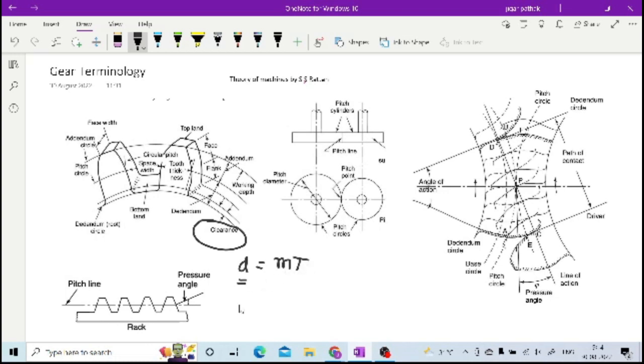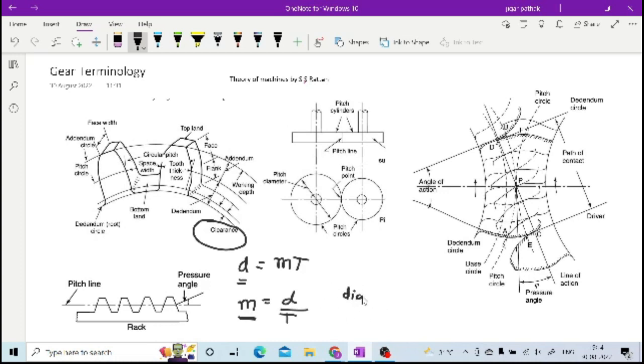You get the pitch circle diameter from the module and number of teeth. Basically, module is defined as the diameter upon the number of teeth, and all the specifications of gears are generally in terms of module only. This module has also come from diametral pitch.